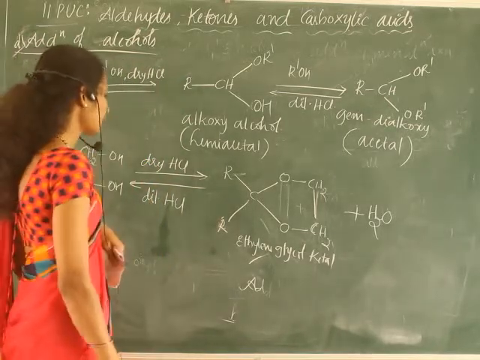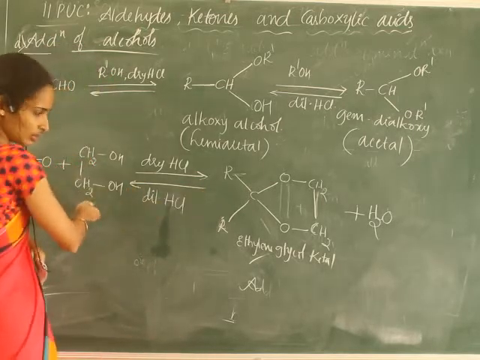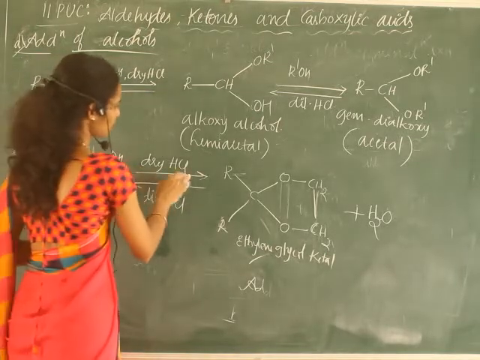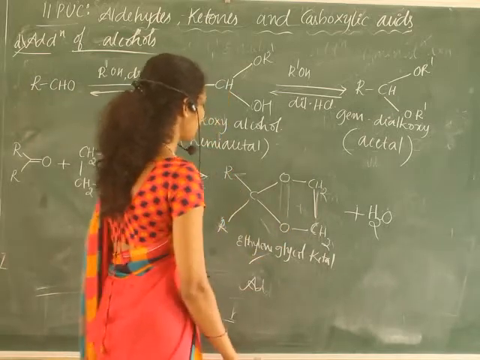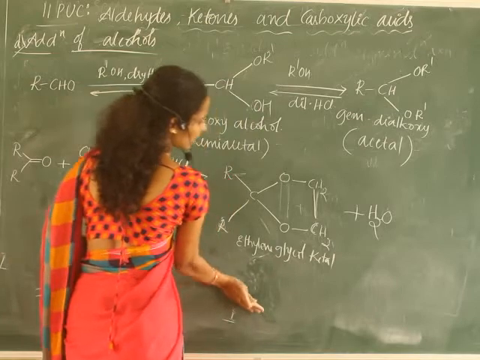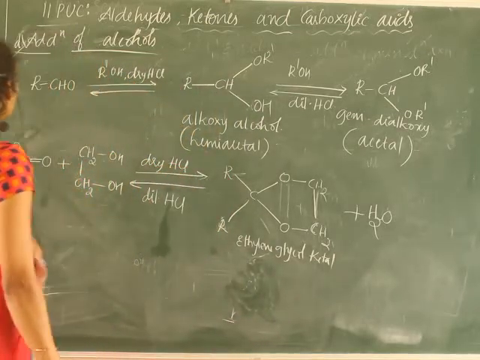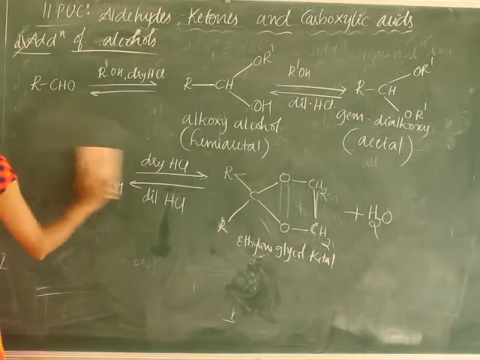And in presence of dry HCl it results in the formation of a cyclic product called ethylene glycol ketal, and water.